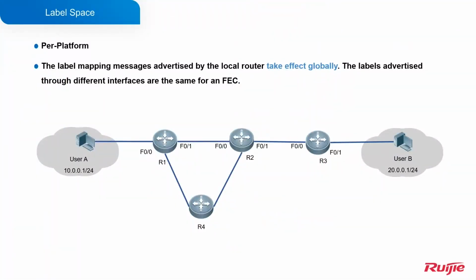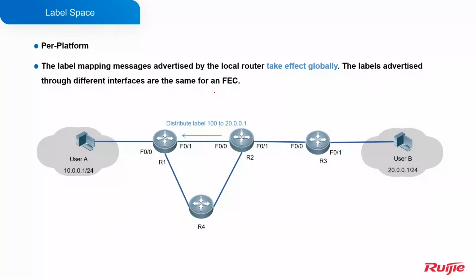And about the label space, we also have two types, per platform and per interface. Per platform means the label mapping message advertised by the local router takes effect globally. That means the labels advertised through different interfaces are the same for the FEC.